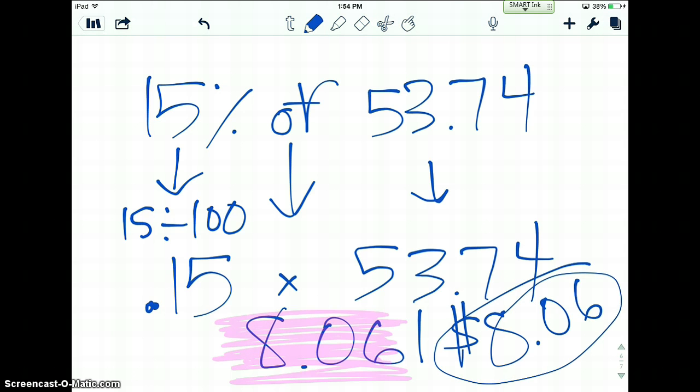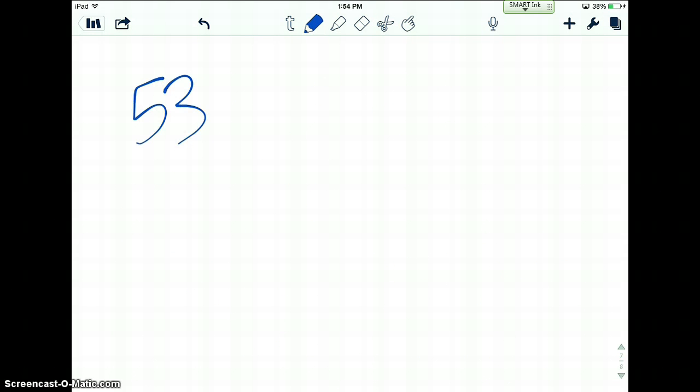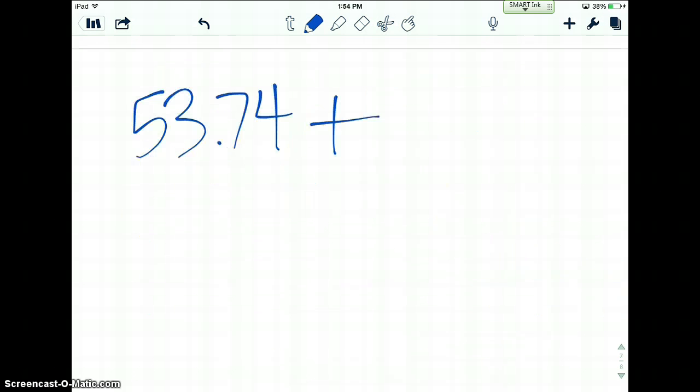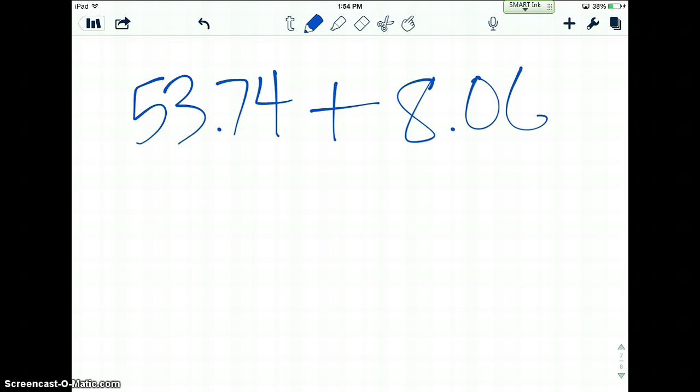So is that all they're paying? No. So they have $53.74 plus the tip of $8.06. So in total, these women, if I add these two things together, calculate it out, you can either do it by hand or make use of the calculator.